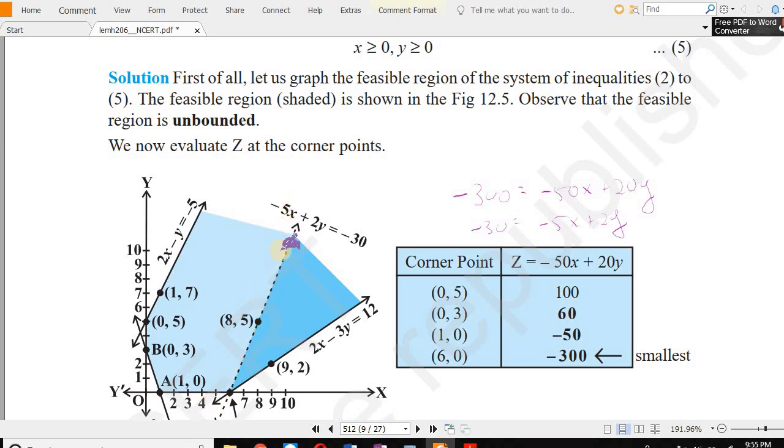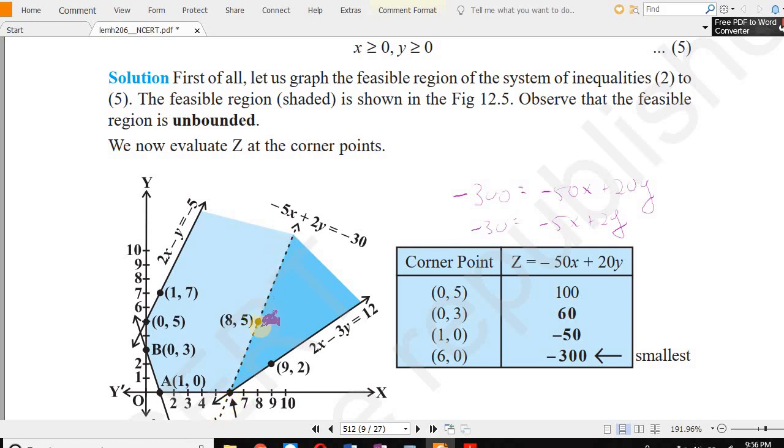Now what this means is that any point on this line has the same value of objective function. If I take any x and y here and evaluate minus 5x plus 2y, I get minus 30. So if I take minus 50x plus 20y, I'll get minus 300. So if this were the optimal value, then all of these would also be the optimal value, because the objective function is the same everywhere here. All right?